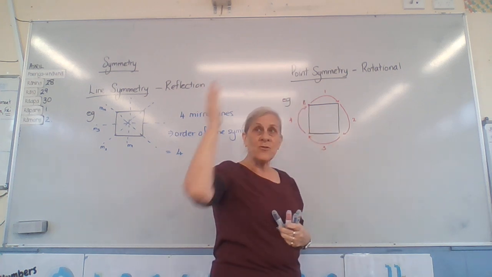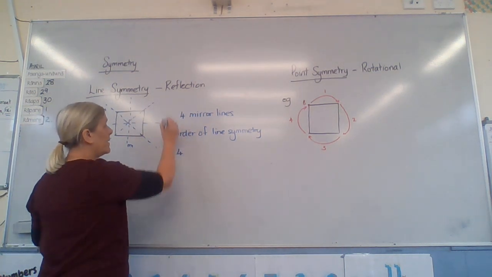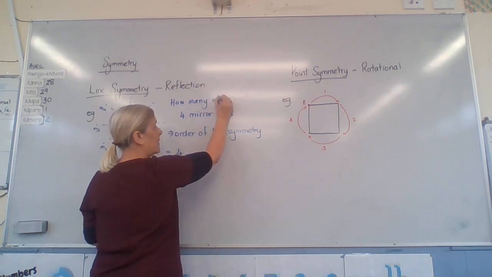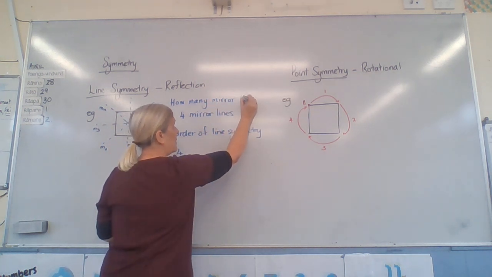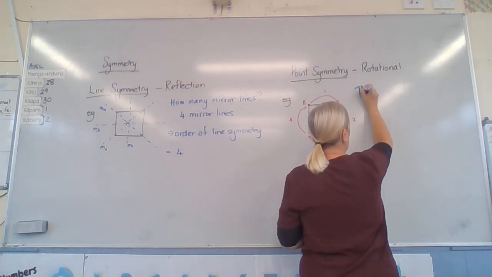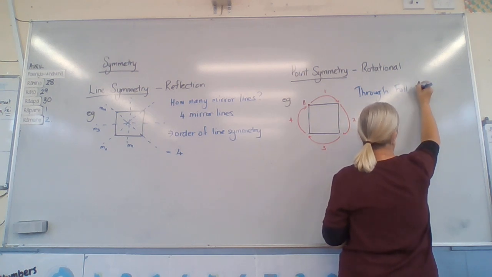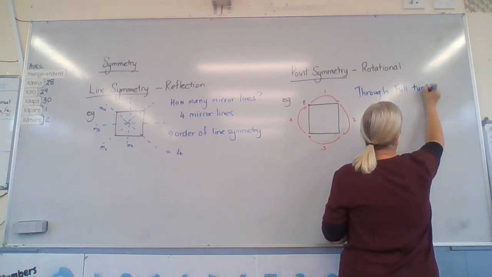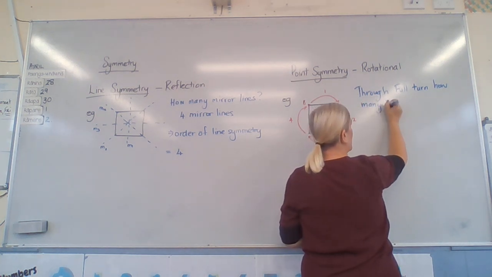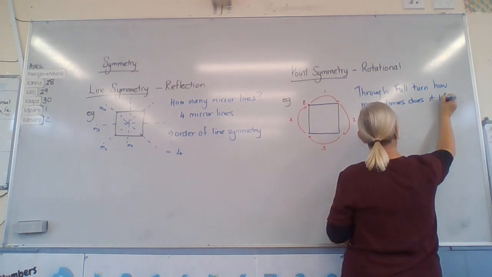So through 360 degrees, this one was how many mirror lines? This one is through a full turn, I'm going to say, instead of 360 degrees, but through a full turn, how many times does it look the same?